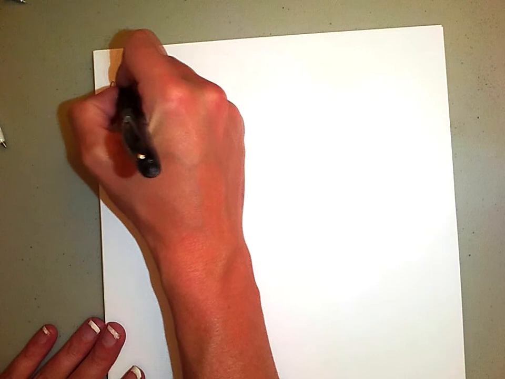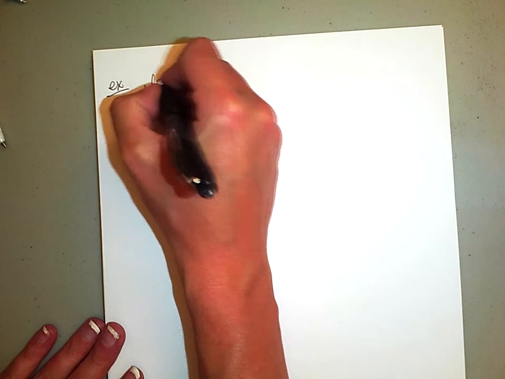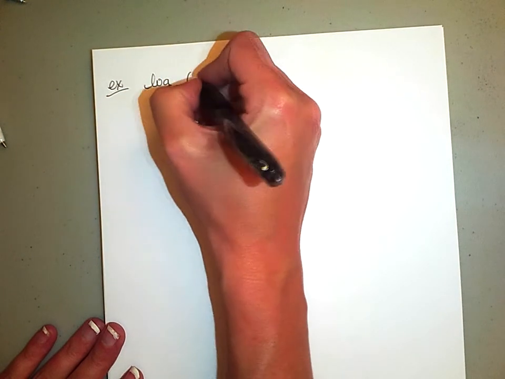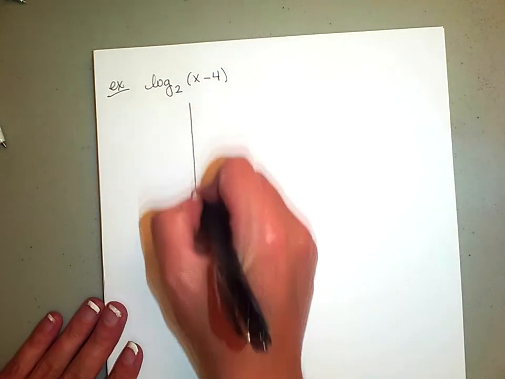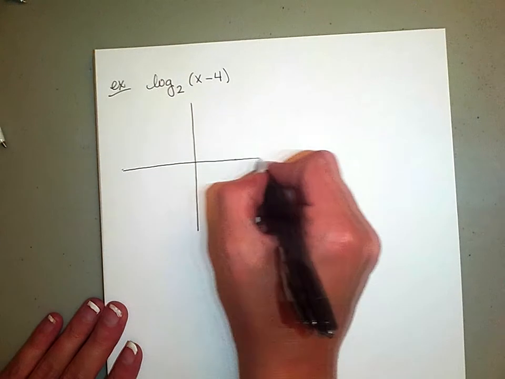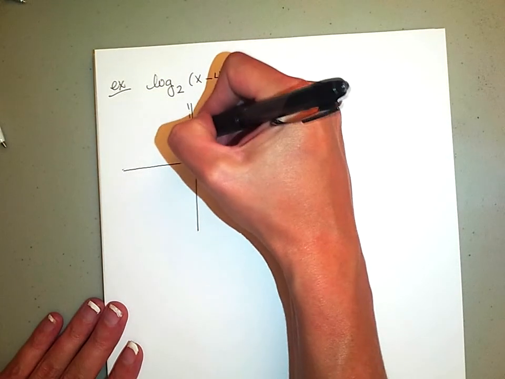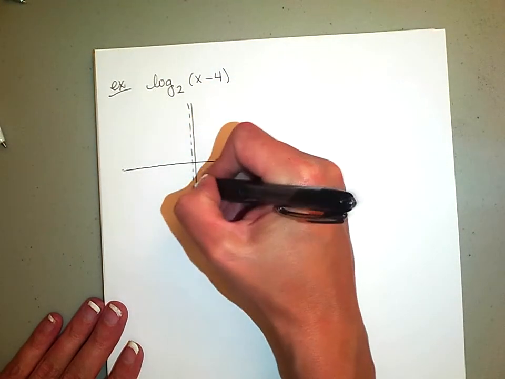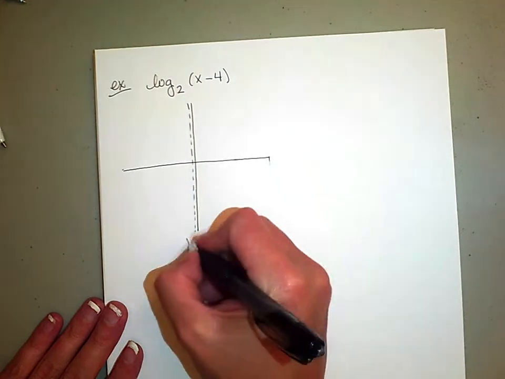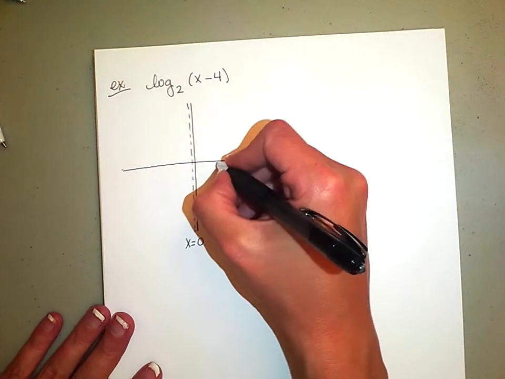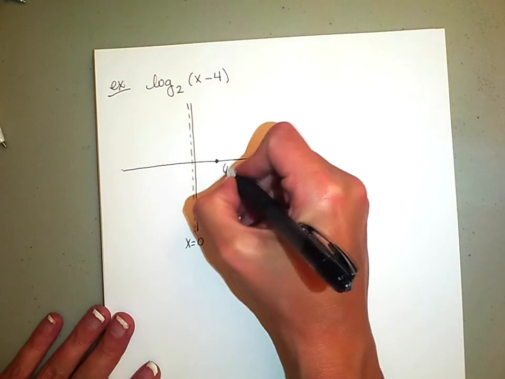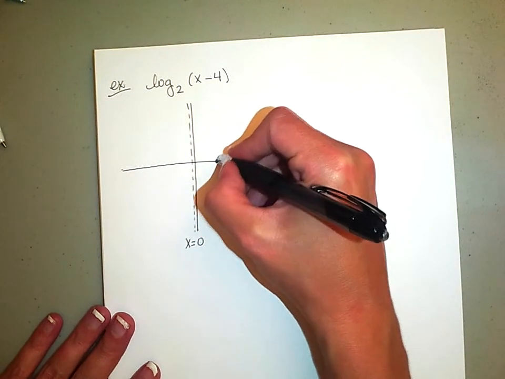Okay, so let's say, for example, that we had the log base 2 of x minus 4. So we saw from before that the logarithm had an asymptote. This is the equation of the asymptote x equals 0. We had an x-intercept of 1, 0.